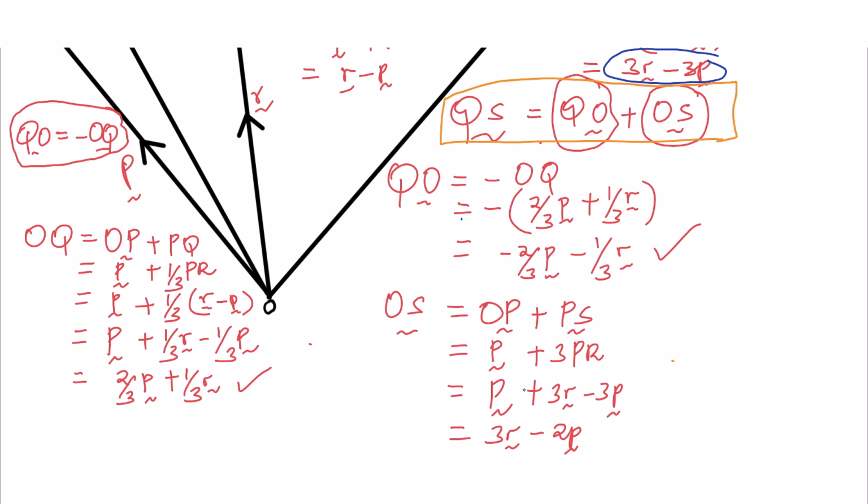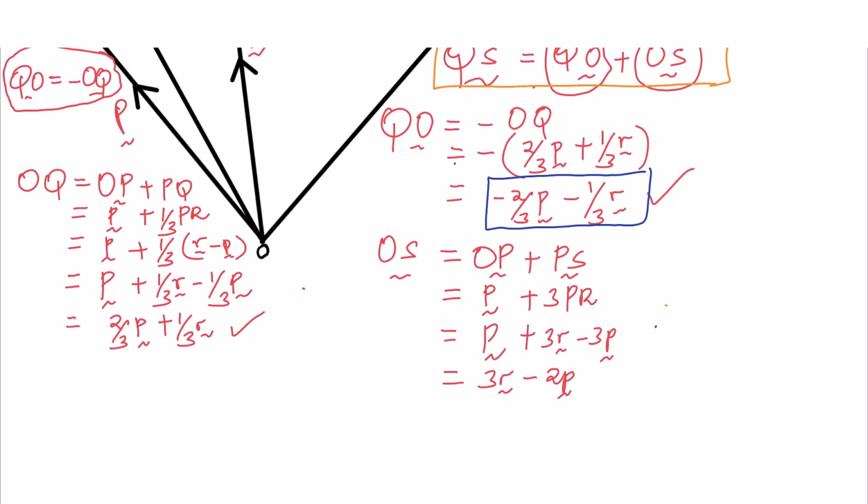We were able to find that QS will be given by QO, which we got here, negative 2/3 p minus 1/3 r, plus OS.